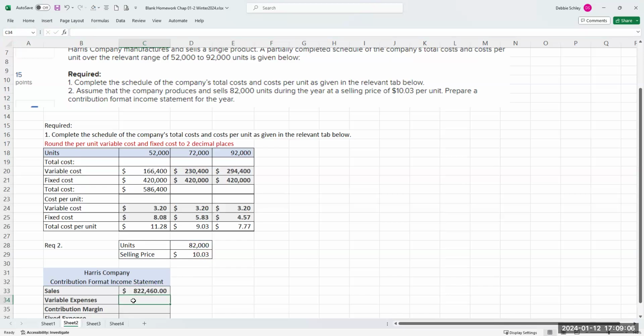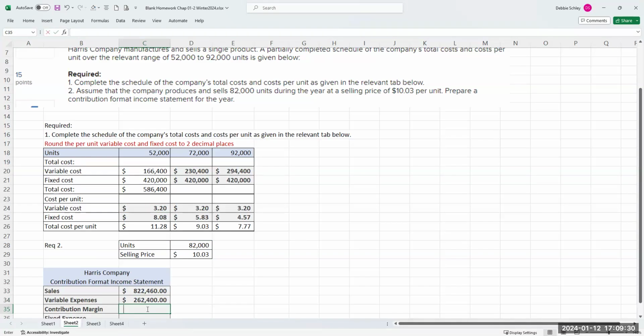Now my variable expenses. Because we're still dealing with the same company, my variable expenses are going to be the number of units sold times that variable per unit cost for the company. So there's my total variable.